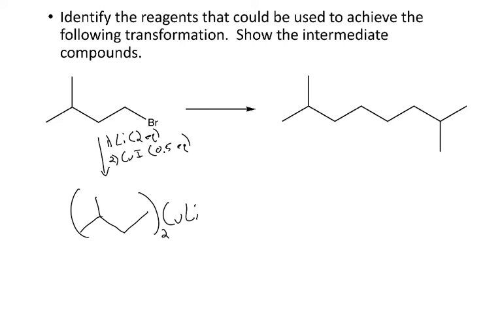And then to get the final product, I need to react that with an alkyl halide, and I can just use the starting material. So if I react it with this guy, then it's going to couple my 2 compounds here and here, and I'll get the final product.